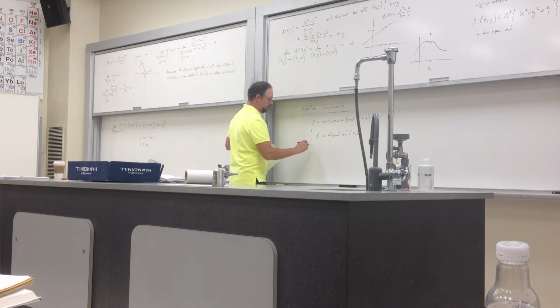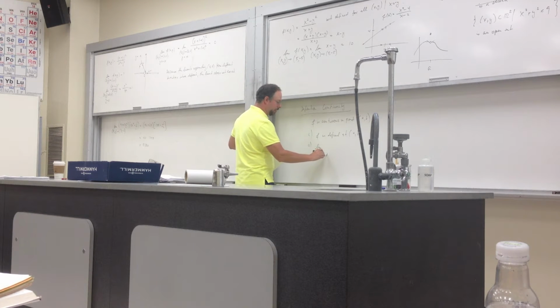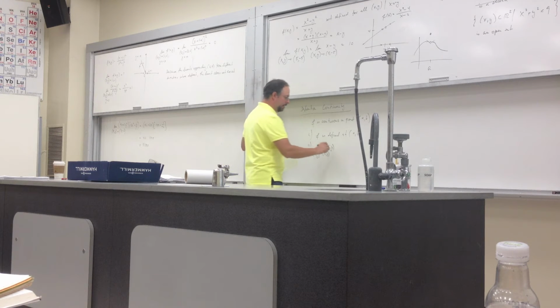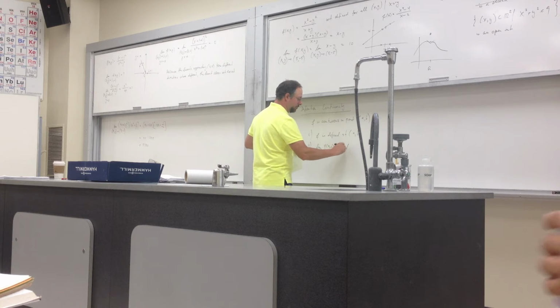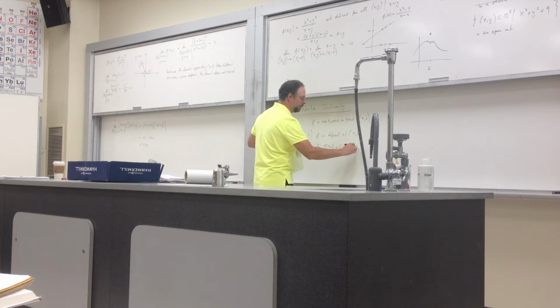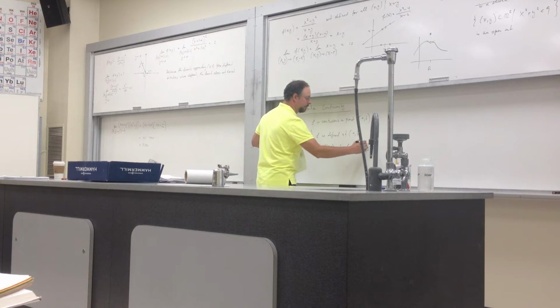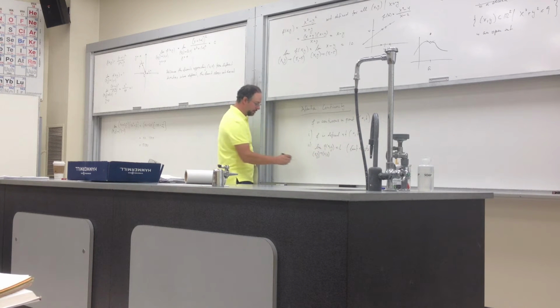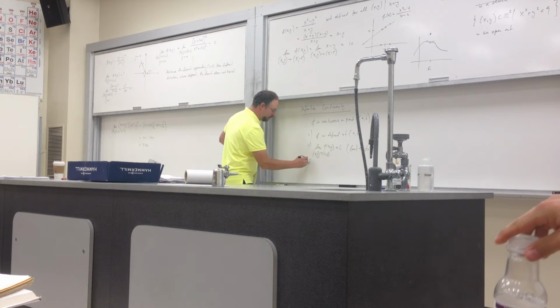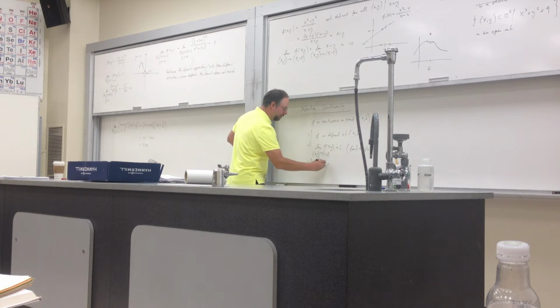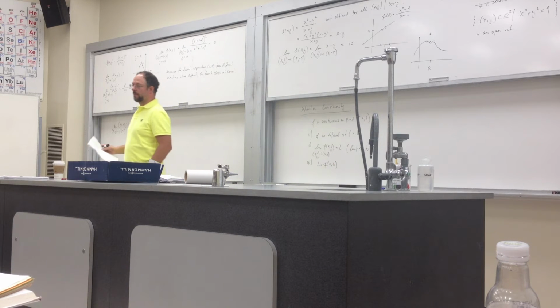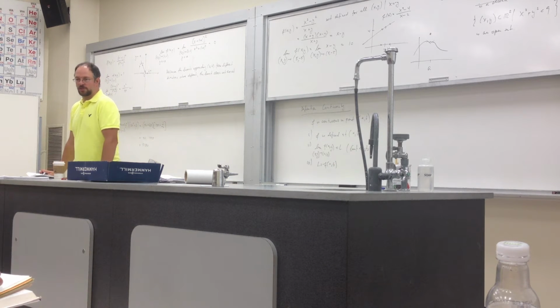Second, the limit of x and y approaching (a, b), f of x and y is equal to L. That means the limit exists. And the third one is that L is equal to f of a and b.